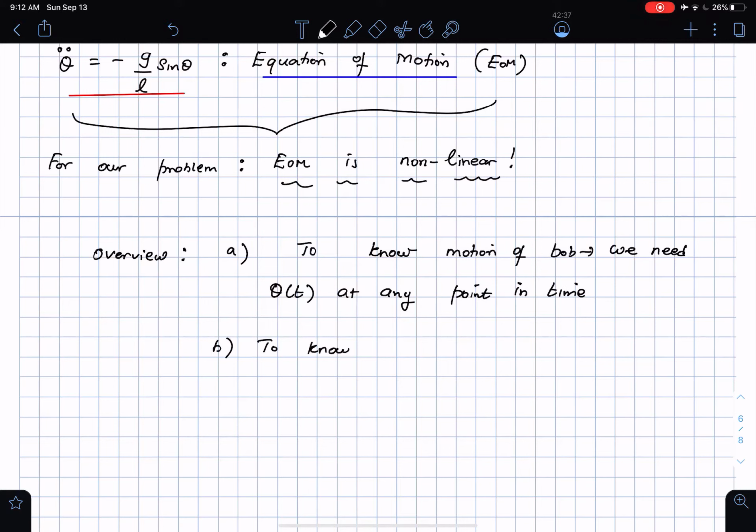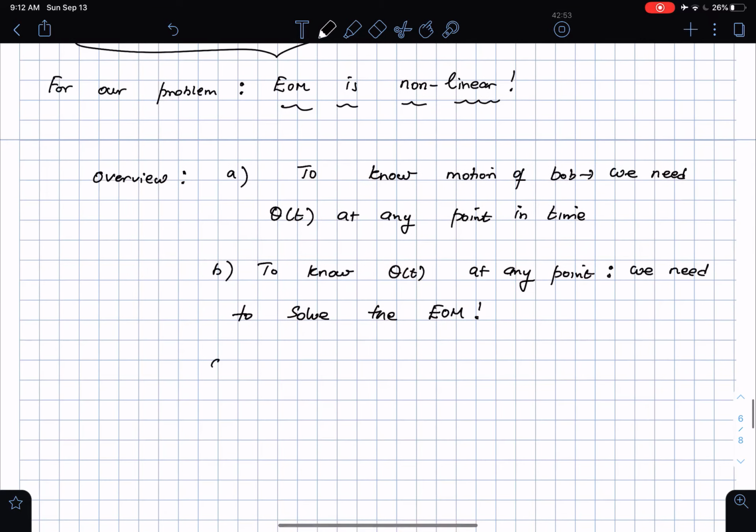To know theta of t at any point, we need to solve the equation of motion. To know the equation of motion, we set up the FBD and the KD and perform force balance. And so you see the logical process, right?